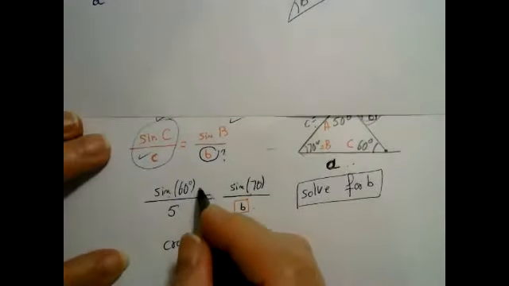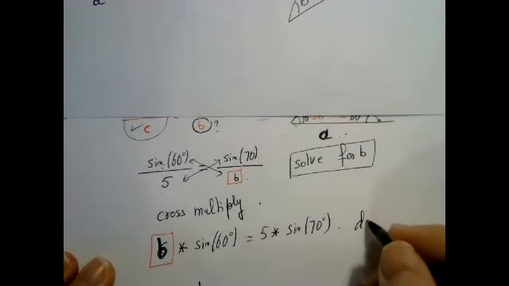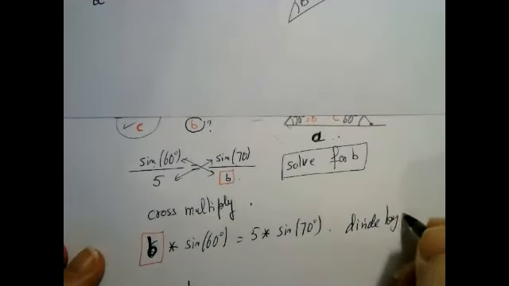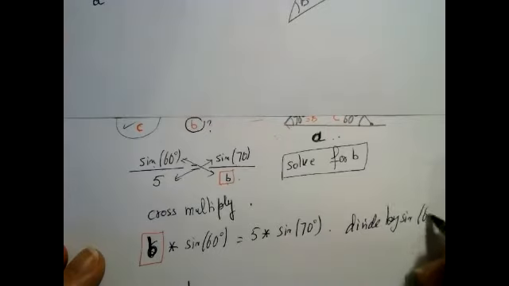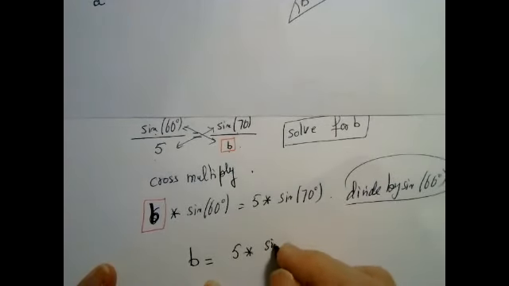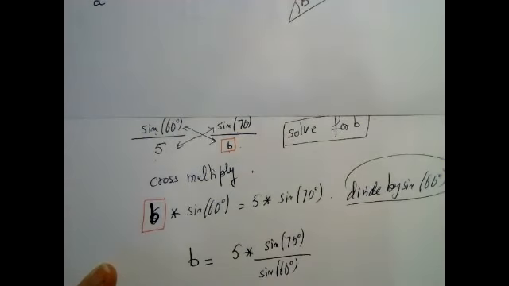Now I need to solve for b. So we divide by the sine of 60. It's a little bit of math, but not hard math. So I will get 5 times the sine of 70 divided by the sine of 60.